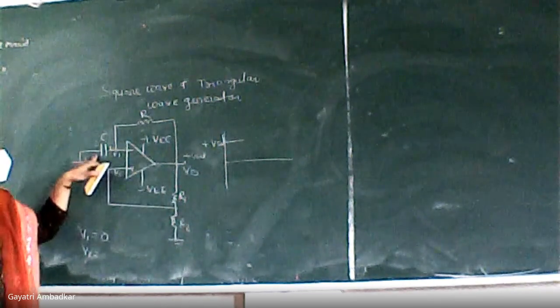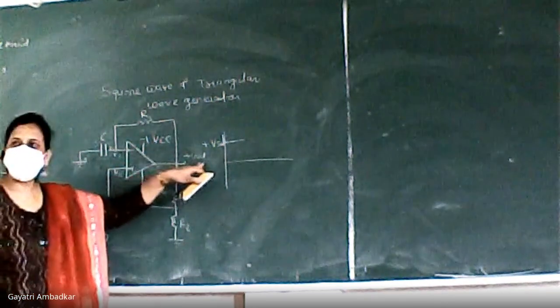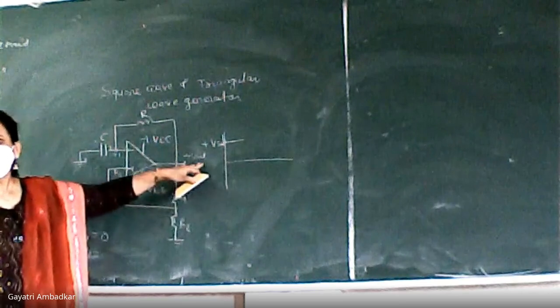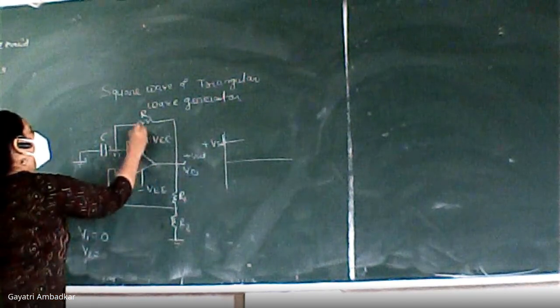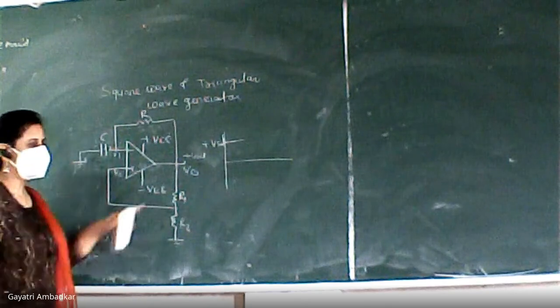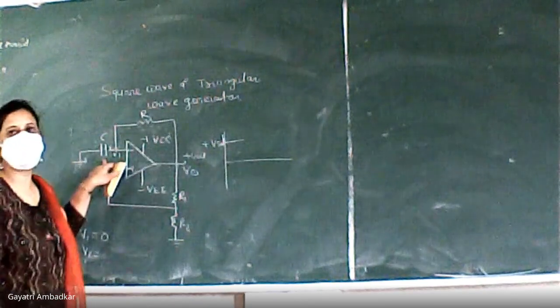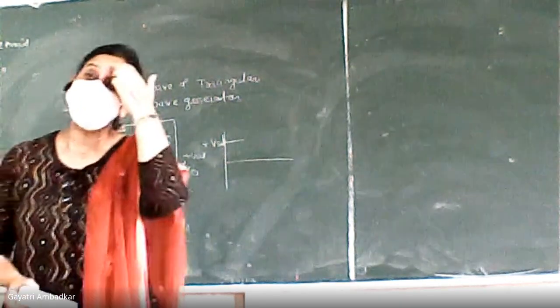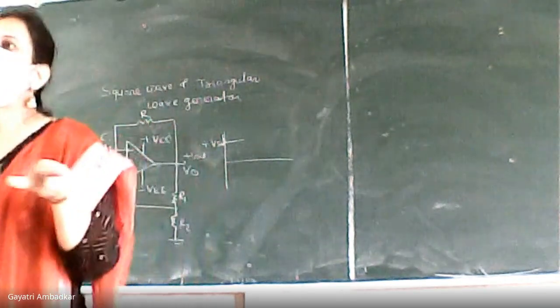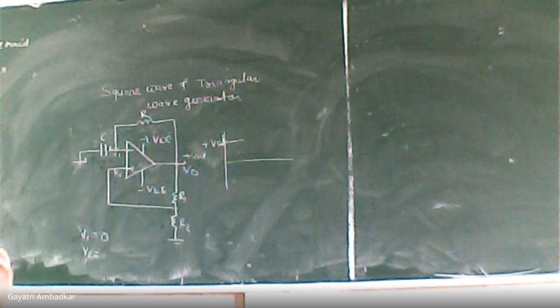Because V2 is greater than V1, output has switched to plus Vsat. Now the moment it becomes plus Vsat, your circuit starts working. Current will start to flow like this and it will start charging the capacitor. Because the output on one side has become plus Vsat, current will flow which will charge the capacitor. So the capacitor has started charging.